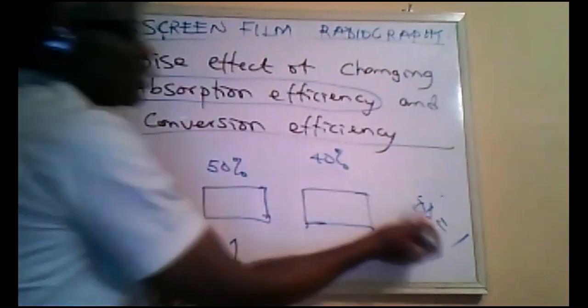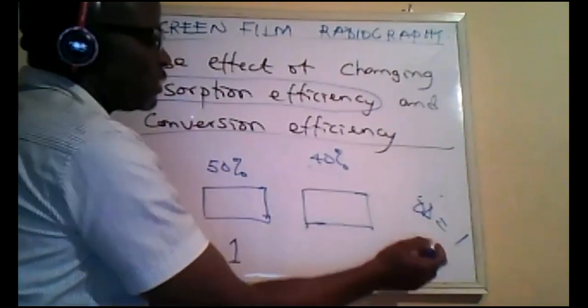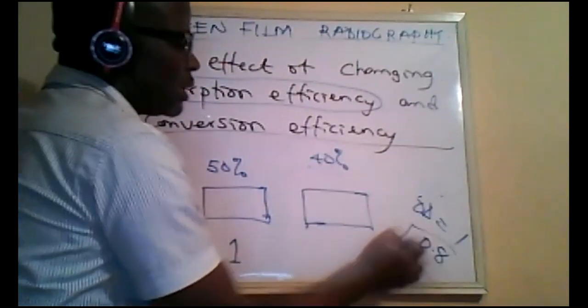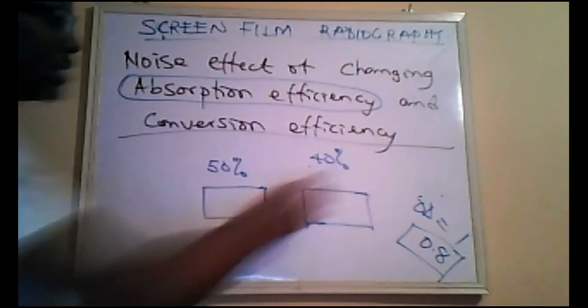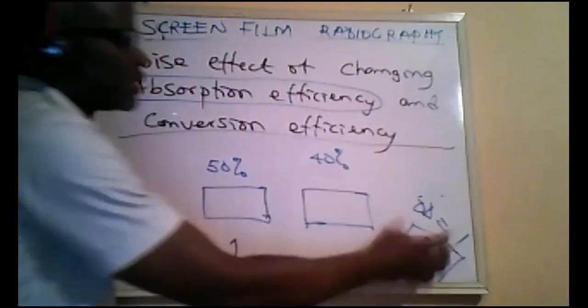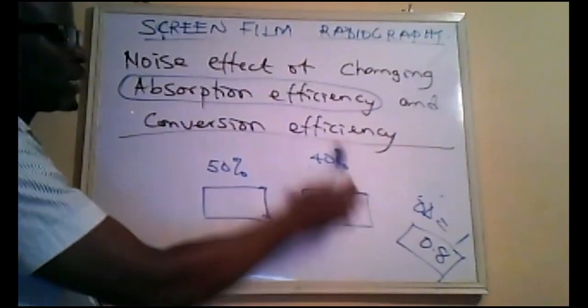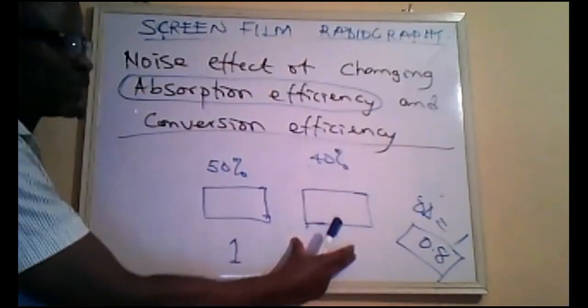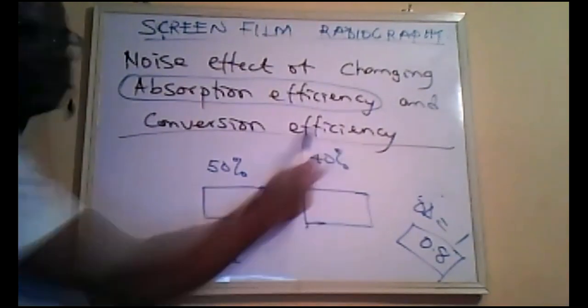But the 40% of this one is not going to give us an OD of 1. Maybe probably an OD of 0.8. But because an OD of 1 is what the image parameter has been set, it is not going to stop there. What it will now actually do is automate this particular screen to increase the conversion efficiency to 50%.